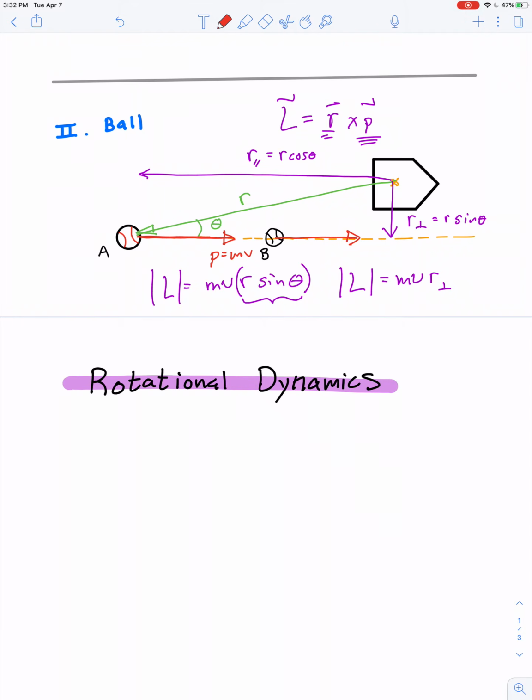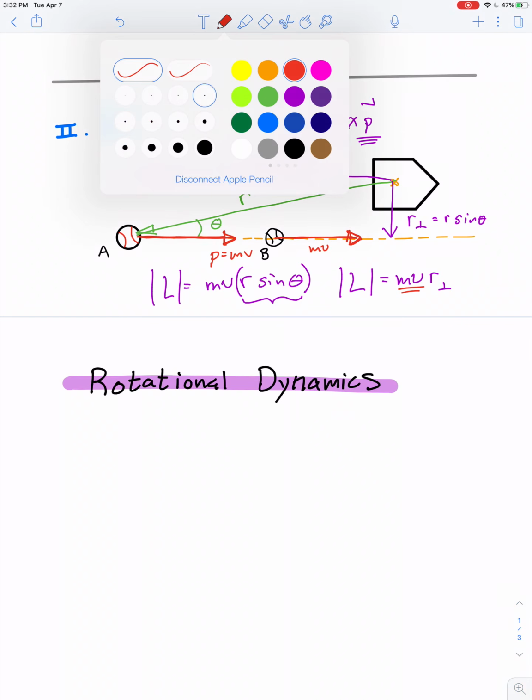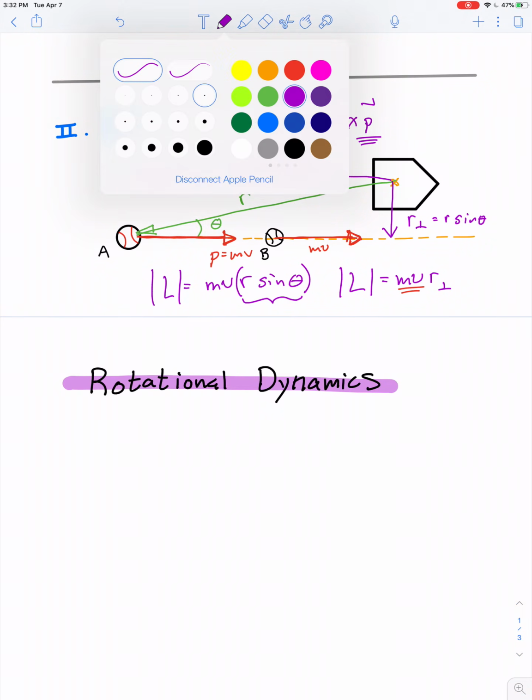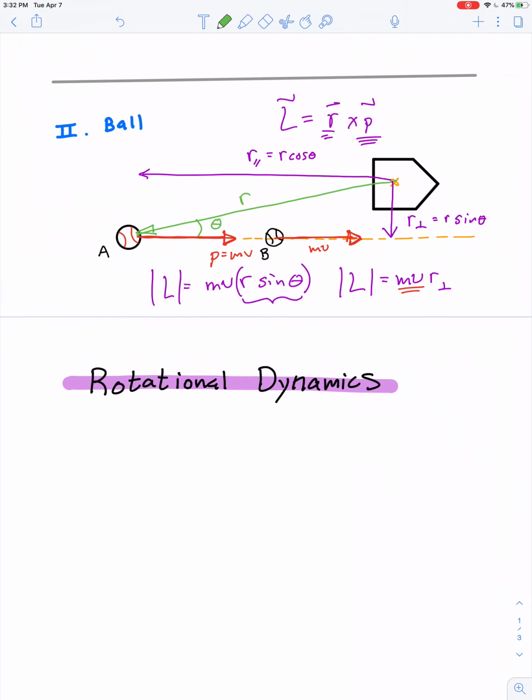If air resistance is negligible, then by the time it reaches point B, it still has the same amount of linear momentum. Okay, so that part of the angular momentum hasn't changed. But the lever arm looks like it's become shorter. So it's probably less angular momentum, right?